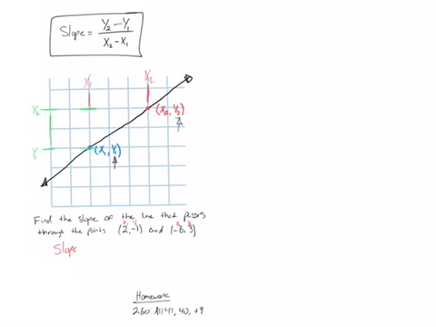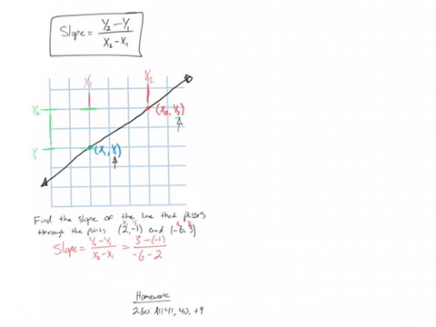So the slope is going to equal y2 minus y1 over x2 minus x1. So it's going to be 3 minus a minus 1 over negative 6 minus 2.